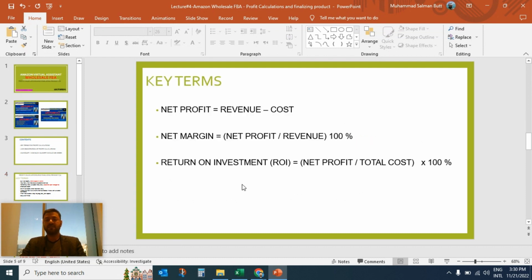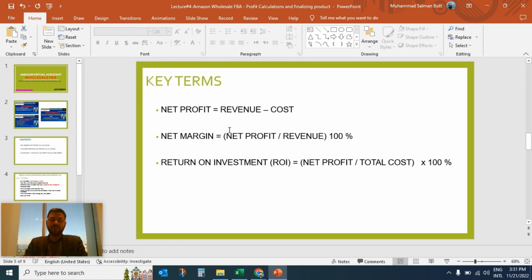Next, these are the three key parameters from which we will be evaluating whether this product is profitable or not. The first one is net profit, which we will calculate by subtracting all the costs associated with the product from the net revenue.